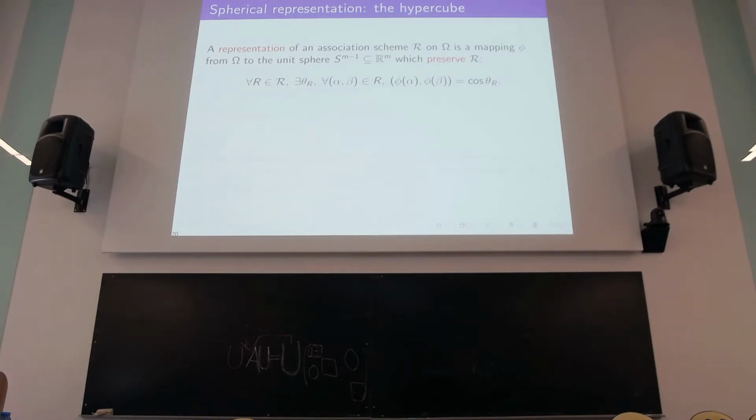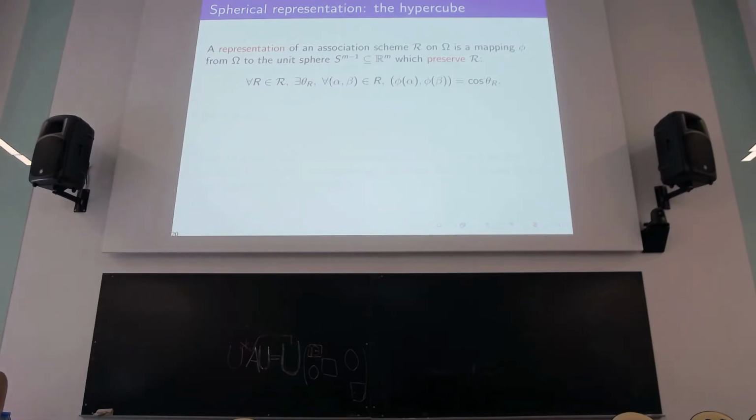So this mapping is a representation whenever the image of a pair, alpha beta, in a fixed relation has an inner product that depends only on the relation. So this angle depends only on this relation.